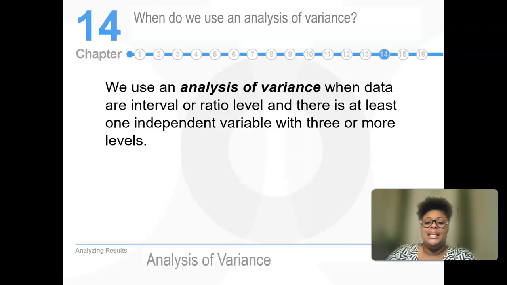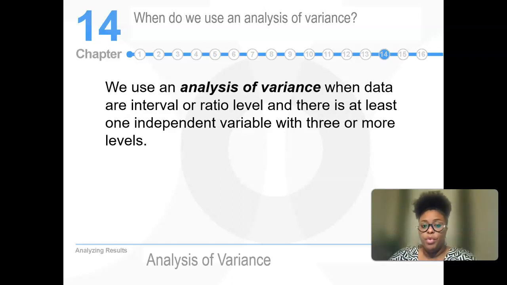So we use an analysis of variance when data are interval or ratio level, and there is at least one independent variable with 3 or more levels. So if I have one independent variable, say religion, then my 3 or more levels could be Buddhist, Seventh-day Adventist, Baptist, Protestant, Methodist.